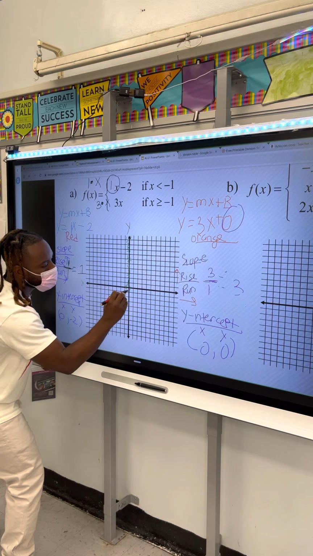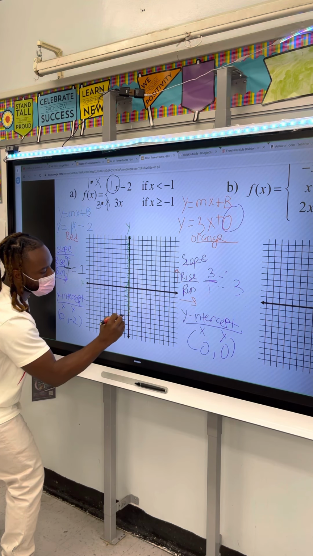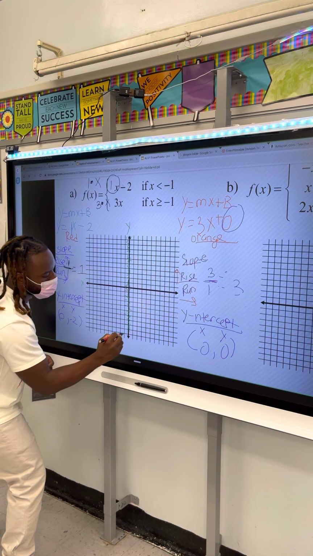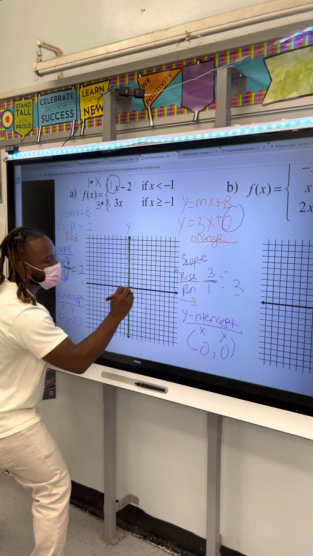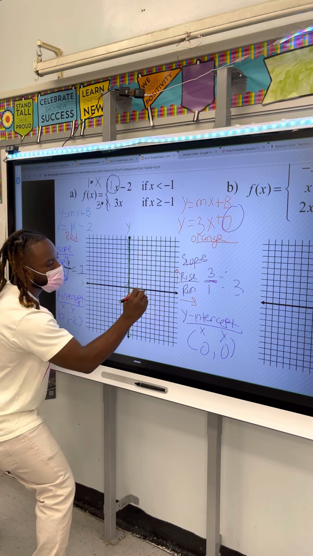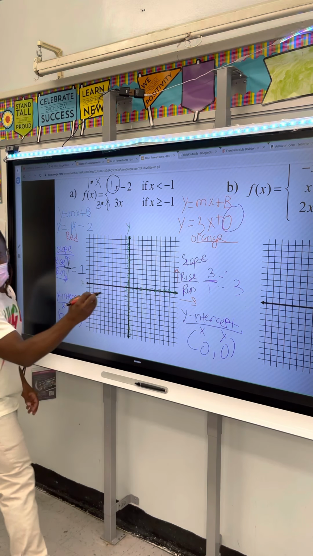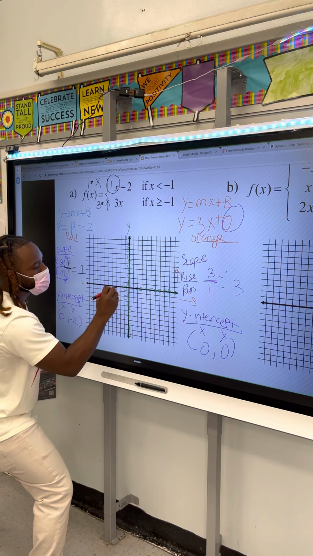Negative. 2, 3, 4, 5, 6, 7, 8, 9. Here, positive or negative? Positive. 1, 2, 3, 4, 5, 6, 7, 8. Here, positive or negative? Negative.